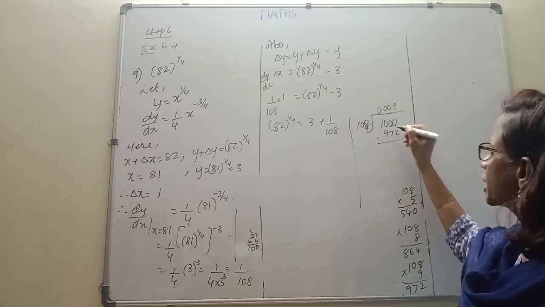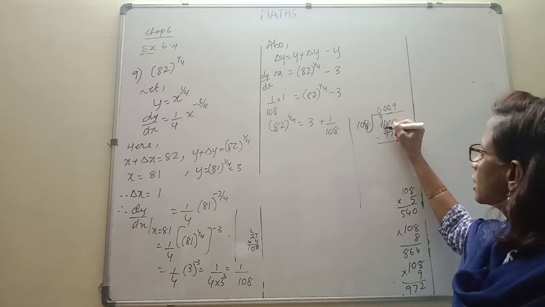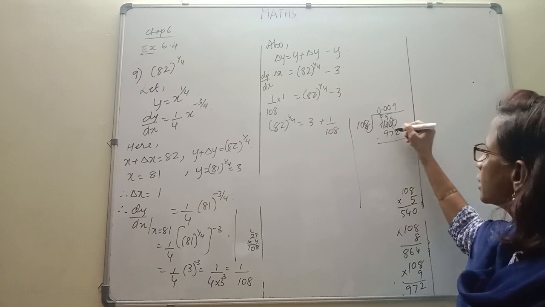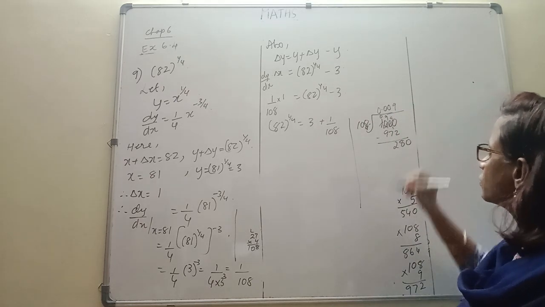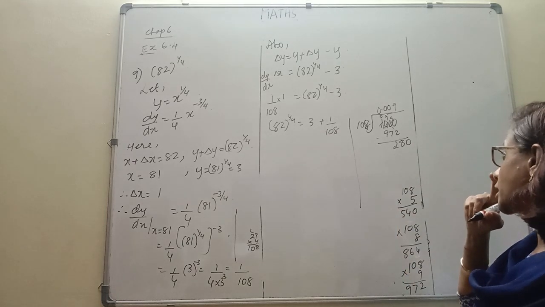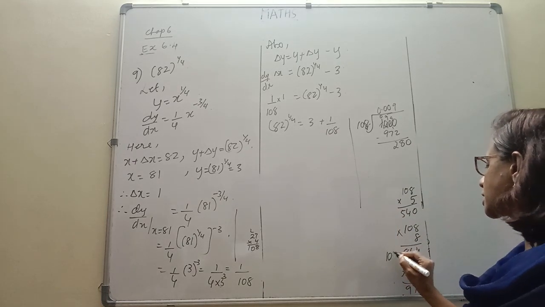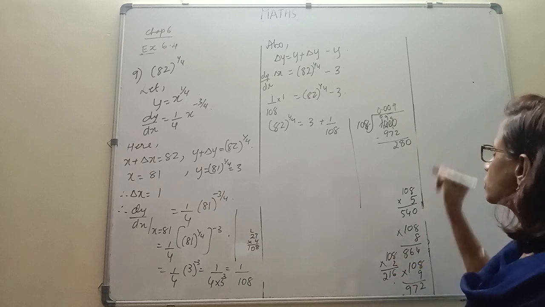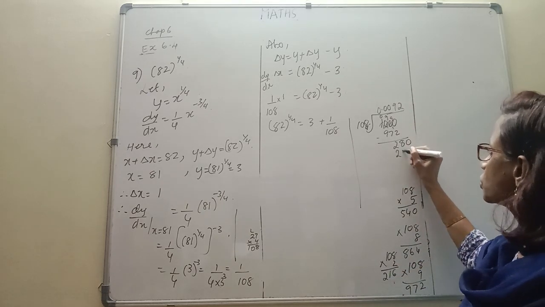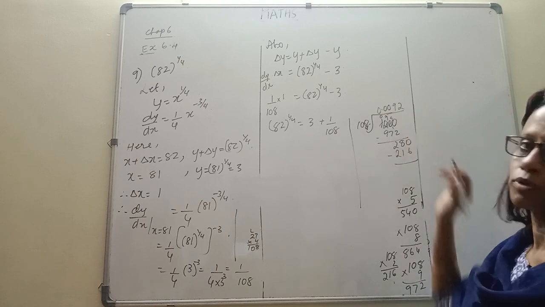Now the subtraction gives 28, and because of the decimal we can get a 0, and 108 twice is 216. You need not proceed because you've got 4 decimal places.